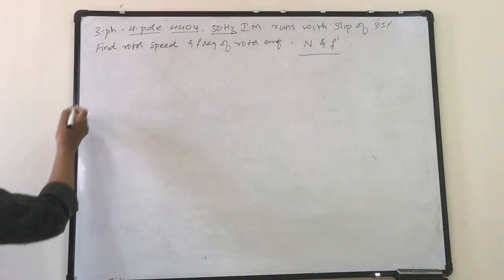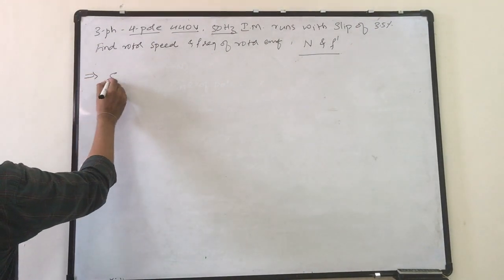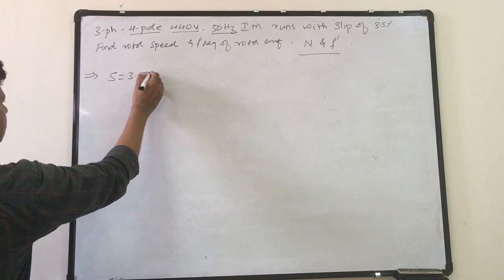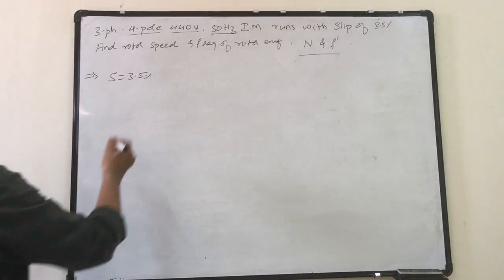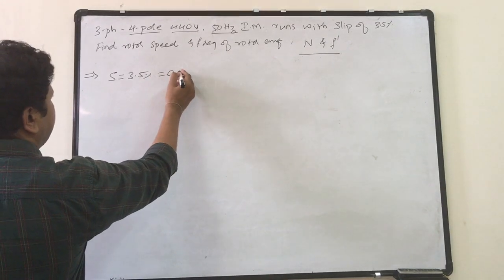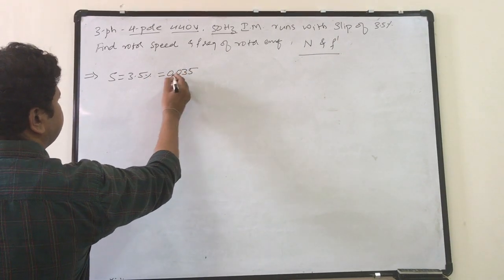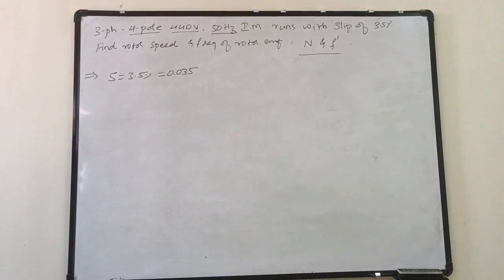Here S is equal to 3.5%, which means it is 0.035. S is equal to 0.035.